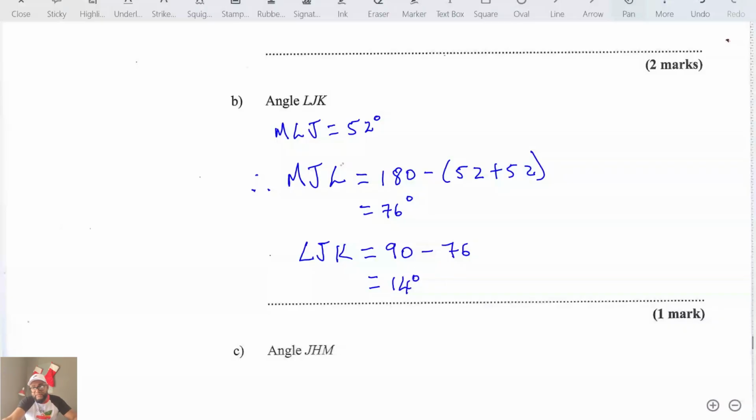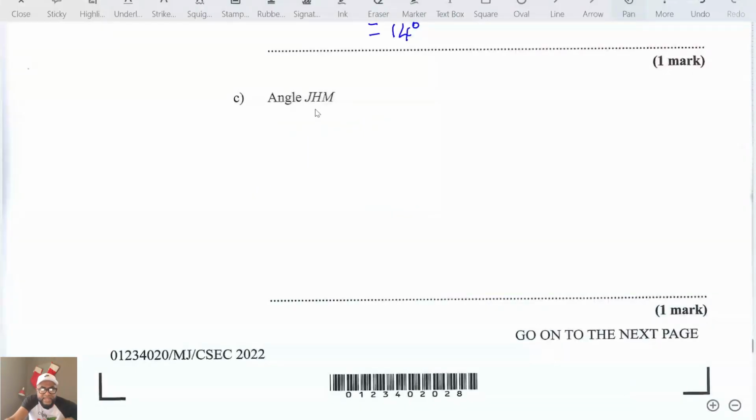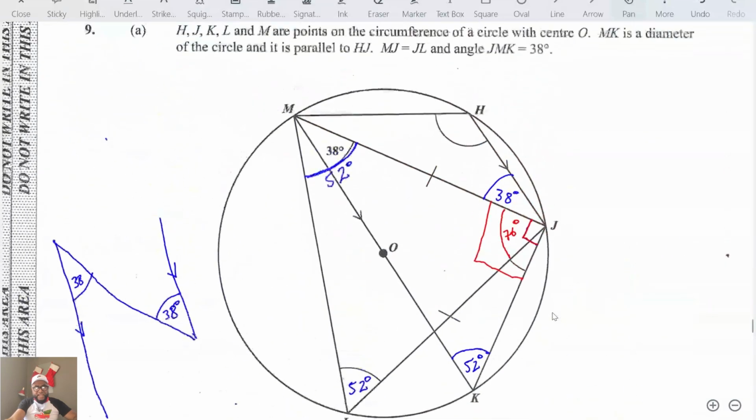Everybody clear here? The last angle we're going to find is actually JHM, right? JHM, J to H to M. How do we find this one up here? That's easy.